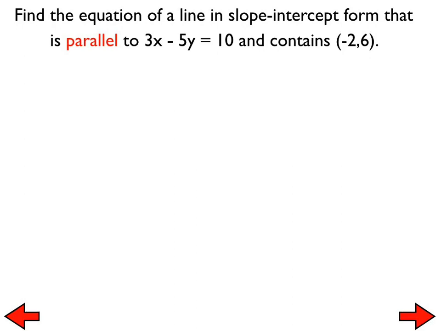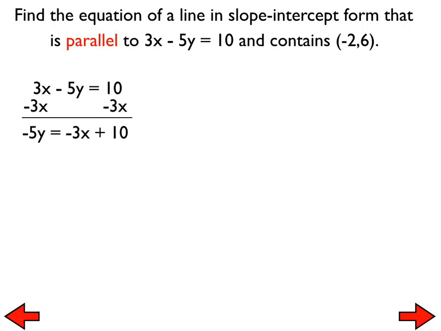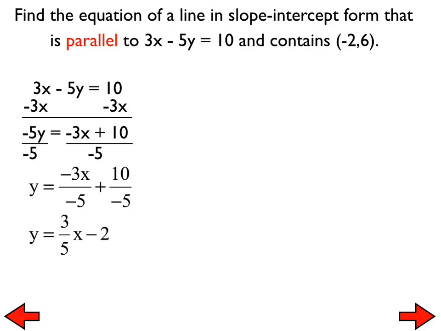So now tell me, what is the slope of that line? Say it. 3/5. There we go. We have to subtract 3x from both sides, divide everything by negative 5, and we end up with y equals 3/5 x minus 2. Parallel lines have the same slope, so we use 3/5 and the ordered pair negative 2 comma 6.